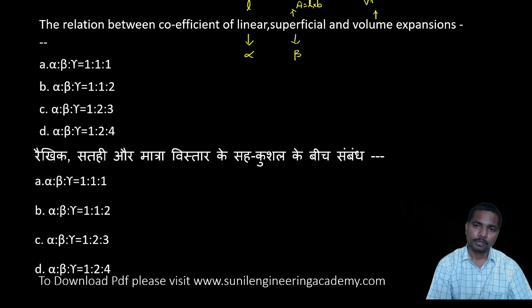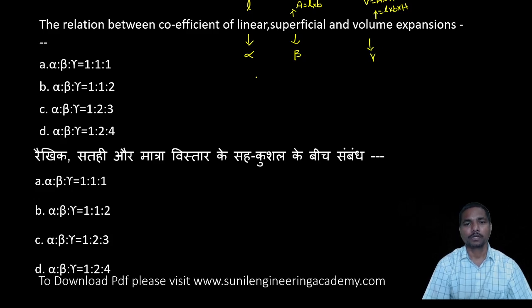Volume is area into height, that is length, breadth, height, 3 dimensions. So what is the ratio we have? Here only length increases, 1 dimension; here 2 dimensions, that is 2 times; here 3, that is 3 times. So the ratio is 1:2:3. Coming to the next question.